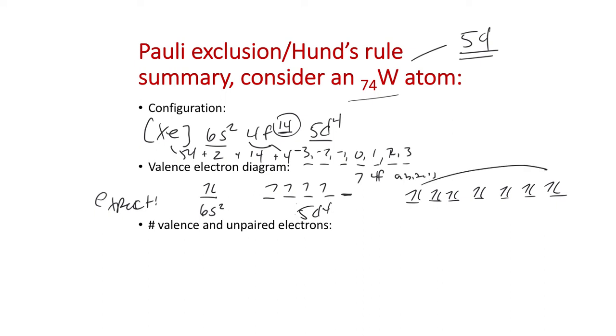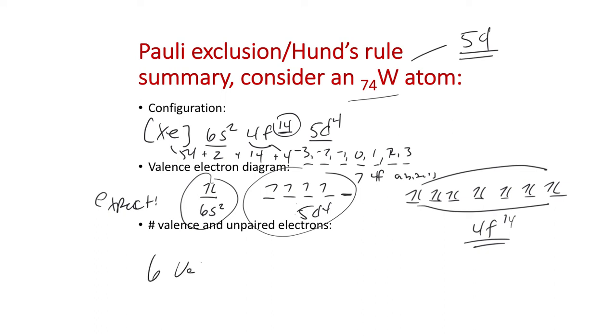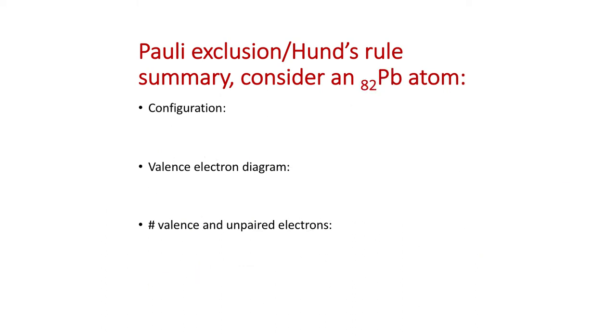I would have been better off to go 7 across and then spin pair across, but whatever, you get 14 in the F block, all spin paired. So we have 2 plus 4 valence electrons, we have 6 valence electrons, and then we have 4 unpaired electrons.